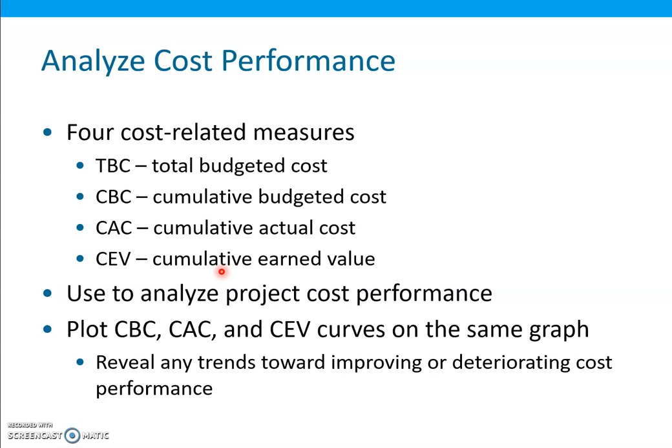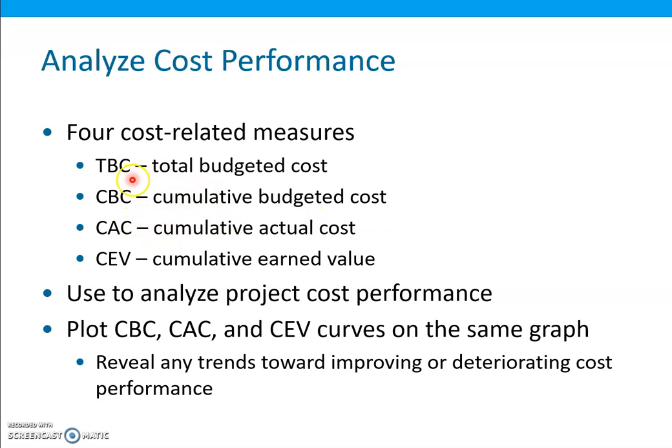For this we can consider 4 cost related measures. The total budgeted cost is the budgeted cost for the whole project. Cumulative budgeted cost is the total budgeted cost up to that period. For example, if the project is 6 weeks in duration, at the end of 4 weeks, whatever the budgeted cost was up to then will be the cumulative budgeted cost.